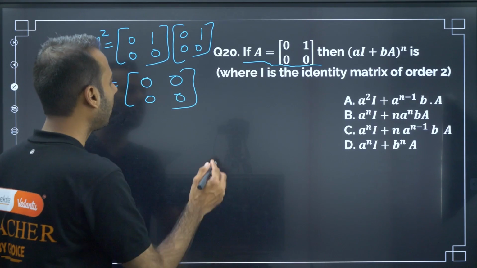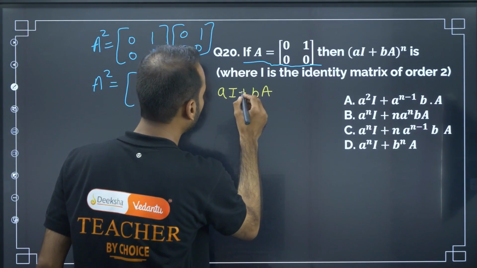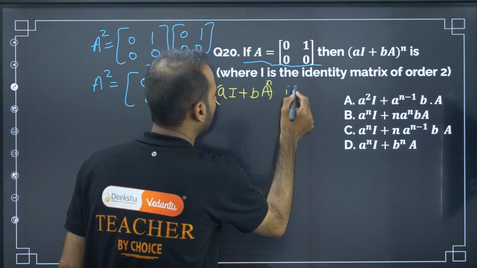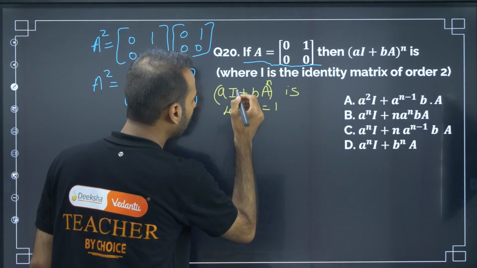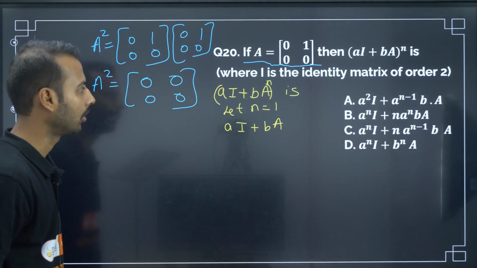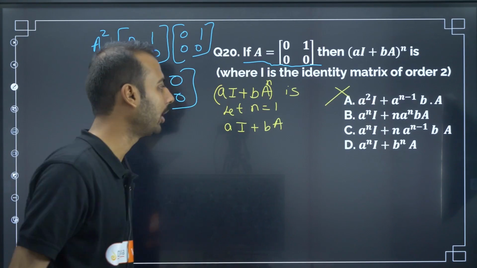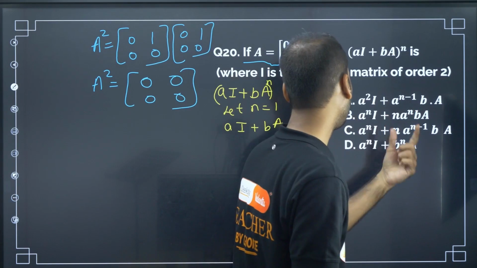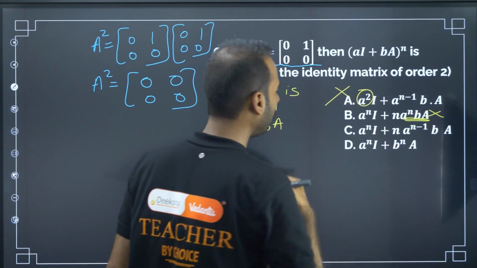Then (aI + bA)^n is what? For this, I will take n equal to 1, which means aI plus bA. I am getting aI plus bA. If I approach the first option, A square is there, so I will eliminate this. Next, if I go for the second, aI and bA, here we are getting b extra, so because of this I will remove that also.